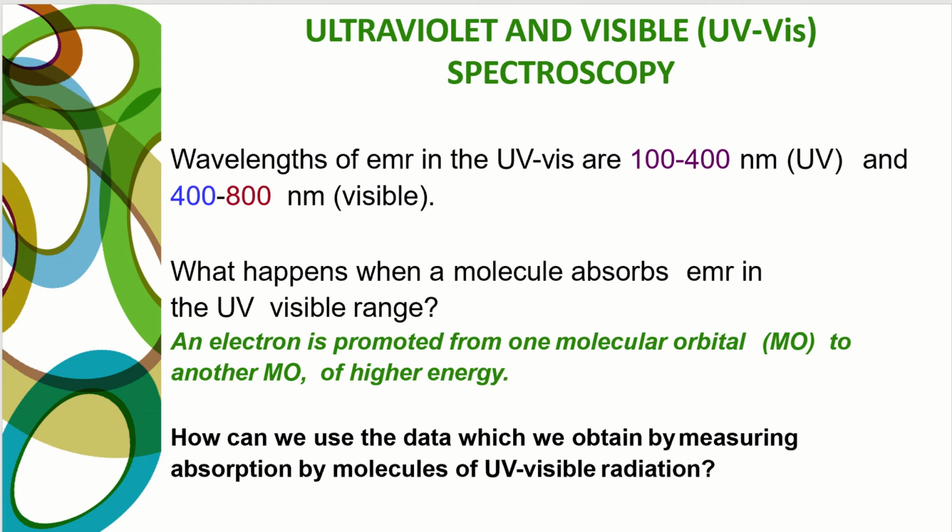Well, an electron is promoted from one molecular orbital to another molecular orbital of higher energy. So today we're going to be looking at answering this question: how can we use the data which we obtain by measuring absorption by molecules of UV-VIS radiation?